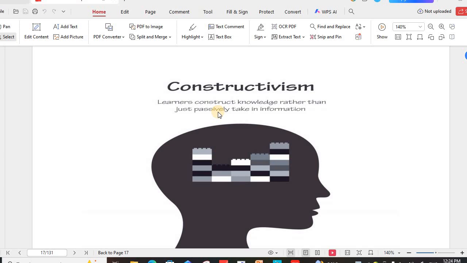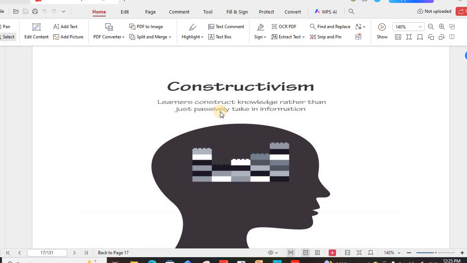Knowledge is built upon prior knowledge, the knowledge that they already have, which makes learning a unique, active process of assimilation and accommodation.